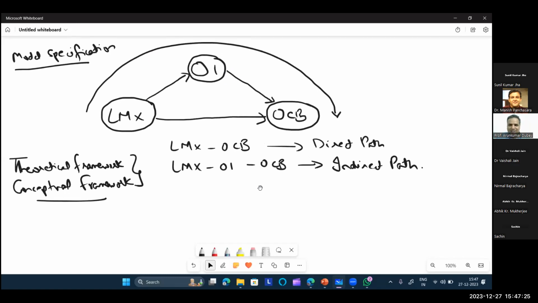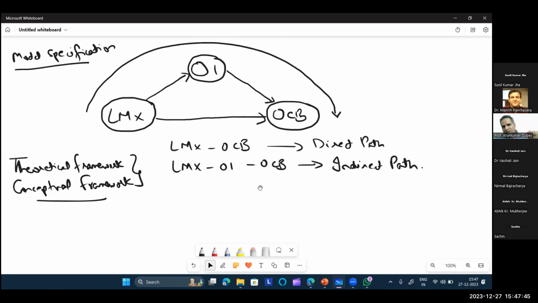Yes? Now, I, as a researcher, say LMX leads to OI, OI leads to OCB. Now, which theory explains this model? If you want to write a paper, you see a model from the lens of a particular theory.